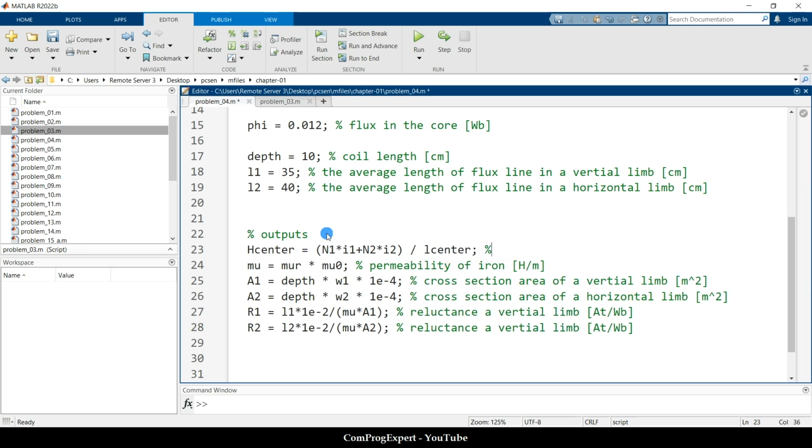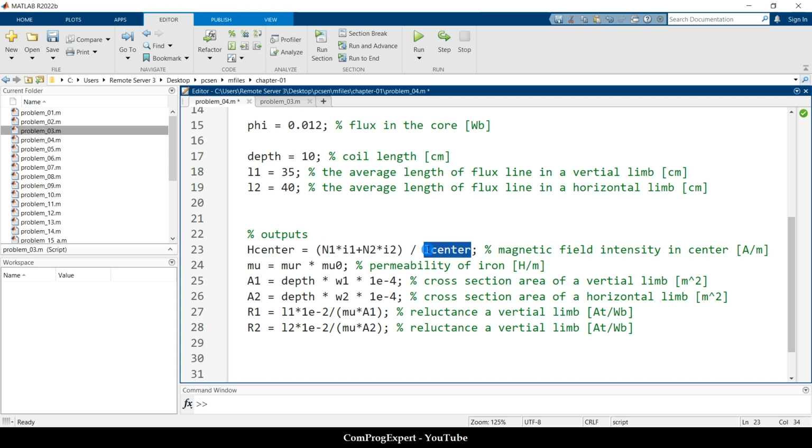So this is the magnetic field intensity in center. The unit is ampere per meter.